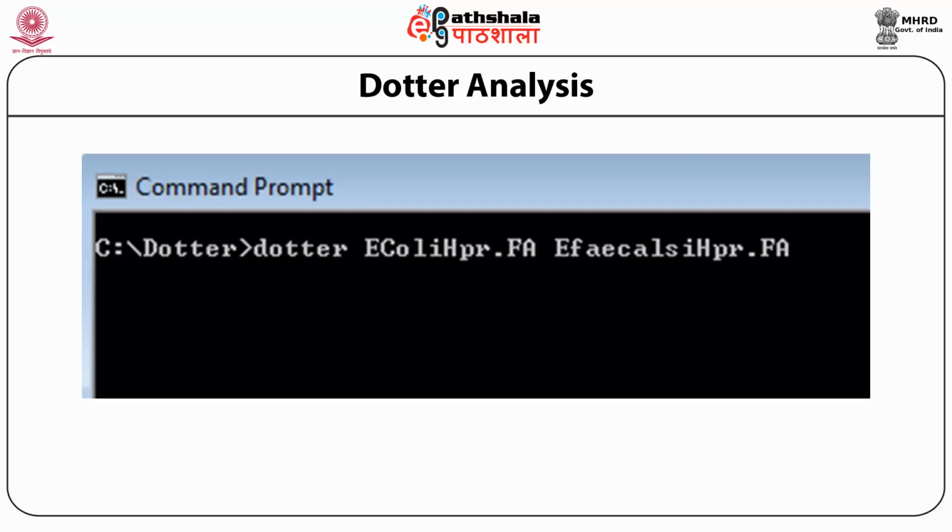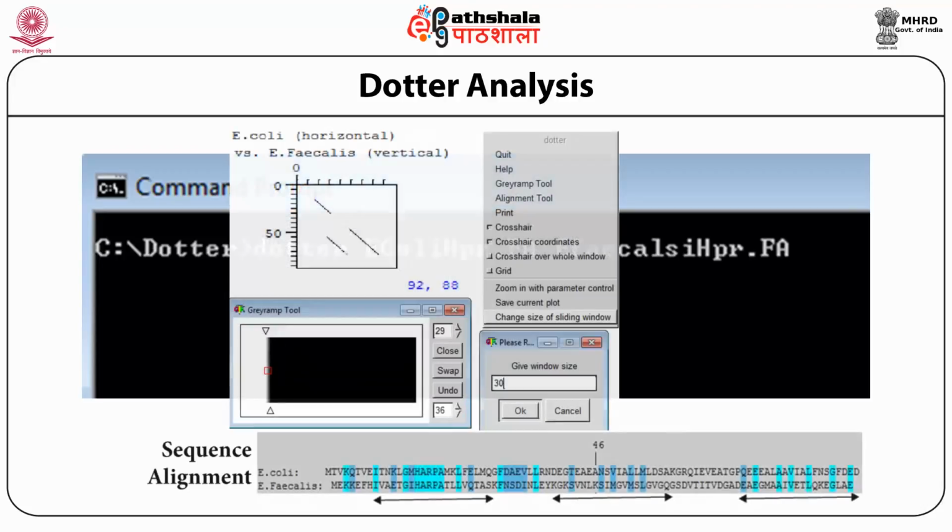To use Dotter, run Dotter on the MS-DOS prompt by typing Dotter followed by a space, E. coli HPR.fa, the name of the first file containing the sequence, followed by a space, E. faecalis HPR.fa, the name of the second file containing HPR from E. faecalis, and press enter.